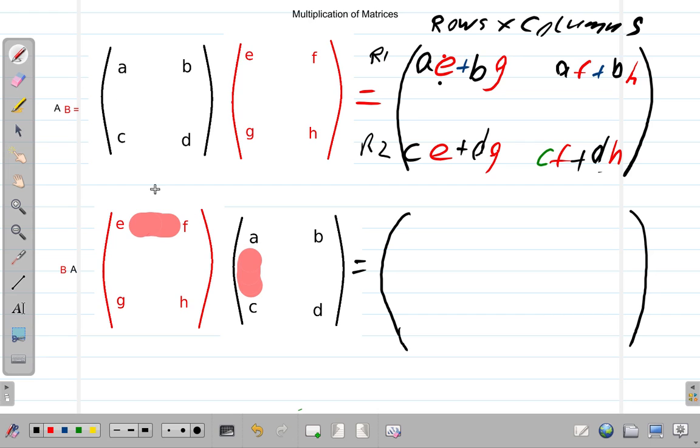And remember, when you multiply them, it's first elements multiplied plus second elements multiplied together. Alright?